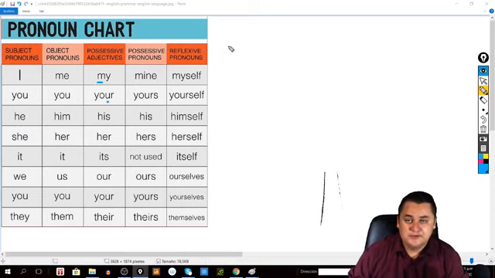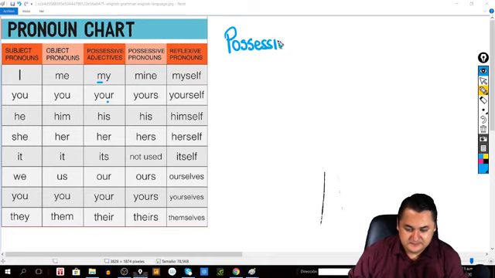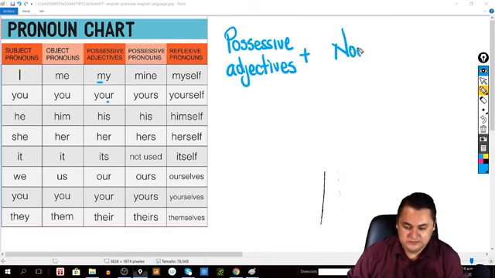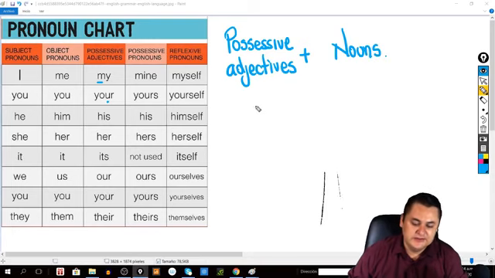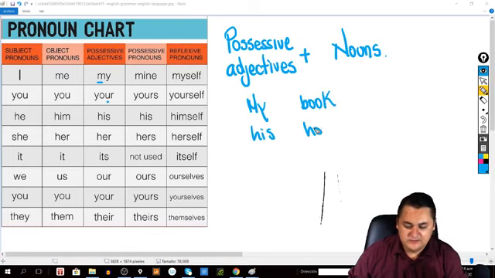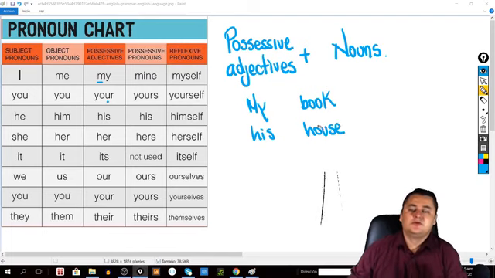We can say about possessive adjectives that they usually come before nouns. So you can say, my book, his house, and the words book and house are nouns.